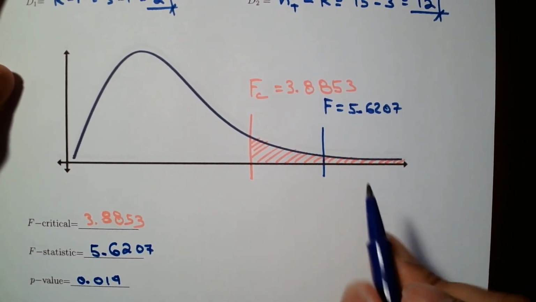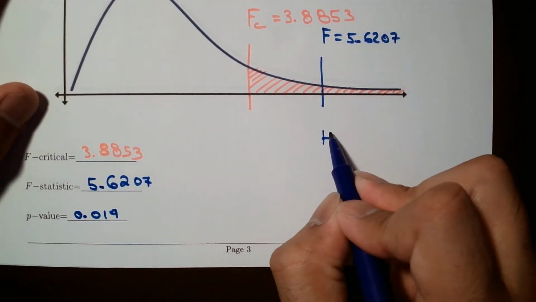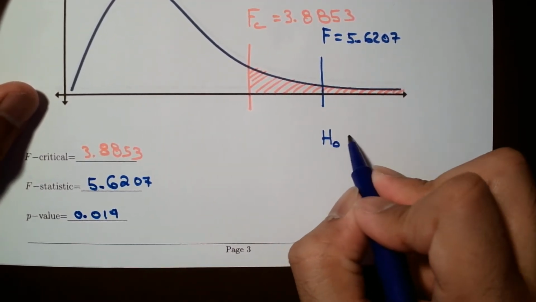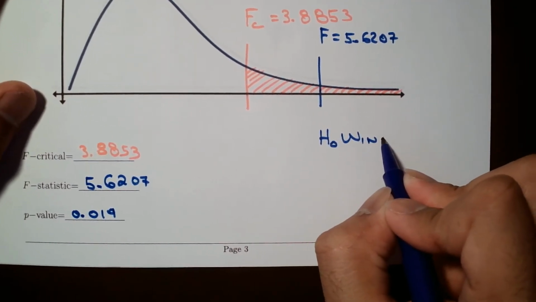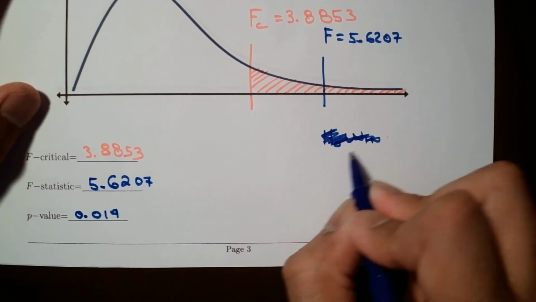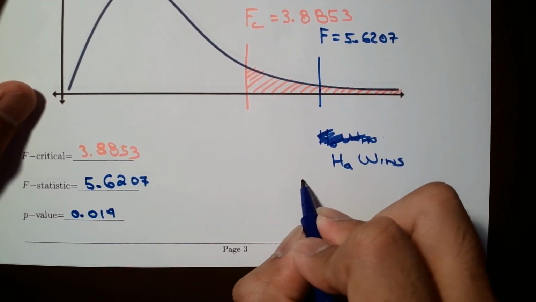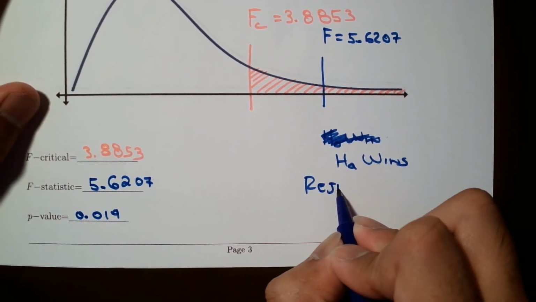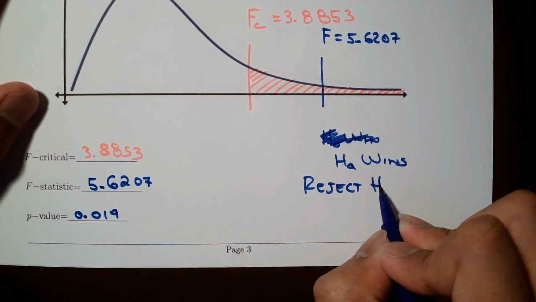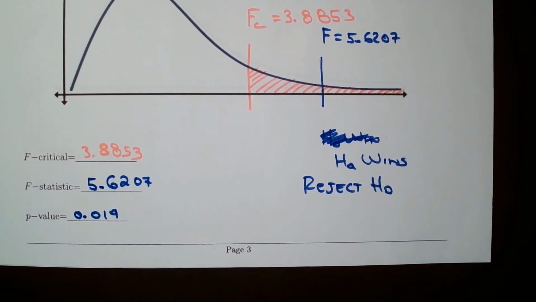Because it fell in the shaded region, our conclusion is H0 wins. Oh, H0, never mind. The HA wins. Reject the H0.